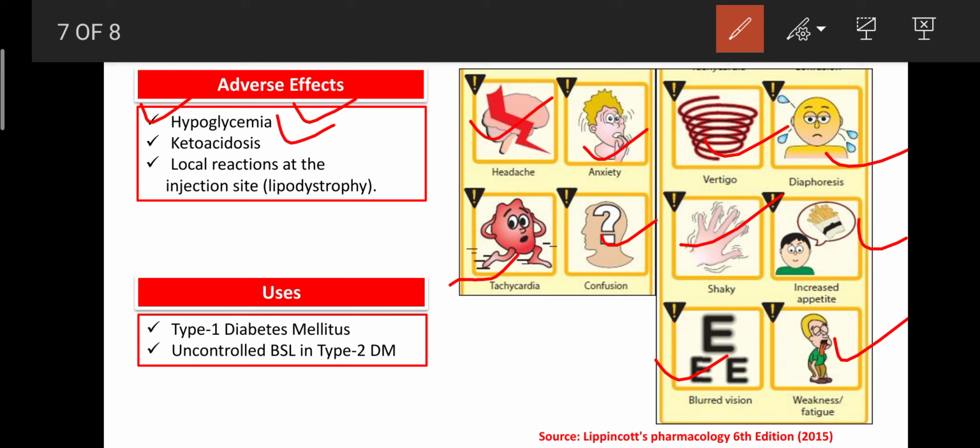So during insulin therapy, the production of ketones increases, the production of creatinine increases due to hypoglycemia. That's why the patient suffers from ketoacidosis. Due to ketoacidosis, he suffers from atherosclerosis, nephrotoxicity or neuropathy.